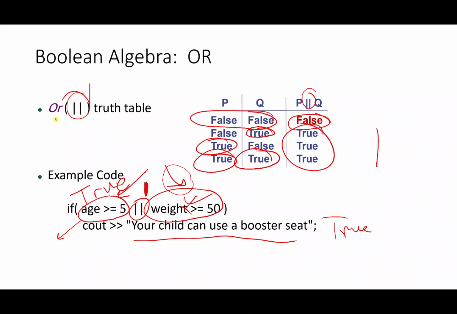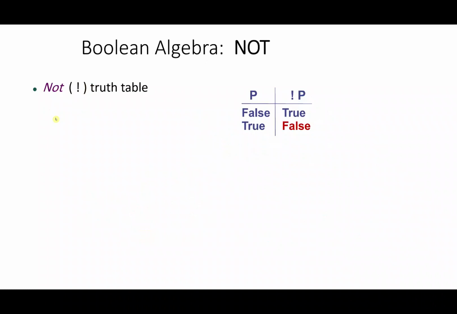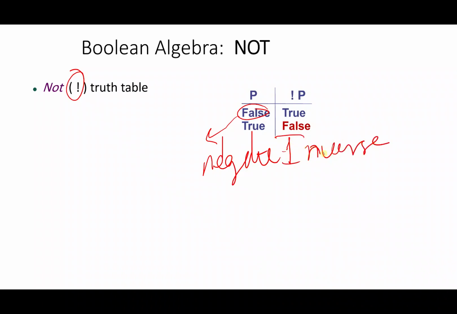And you're going to see that in the next few slides explaining those more thoroughly. Now, the not, it's just if you have false, you negate it. Negate. Or we sometimes call it inverse it. Inverse whatever you have. False, true, true, false. That's it.